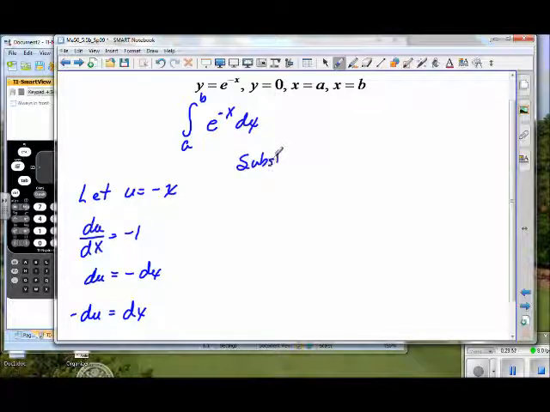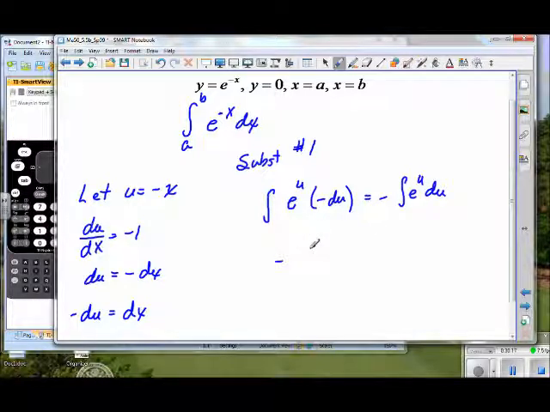So substitution number 1. Because I'm going to do a substitution, I'm going to opt to just not put any values there, and instead I'm going to write this as e to the u times negative du. That would be the same thing as negative the integration of e to the u du.